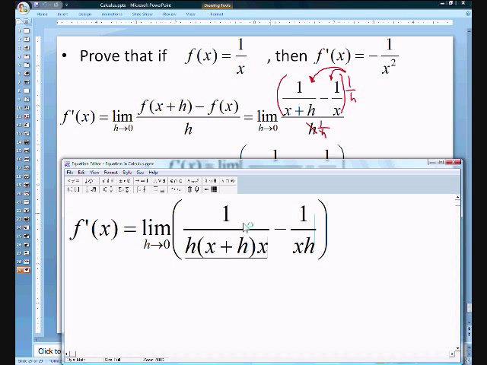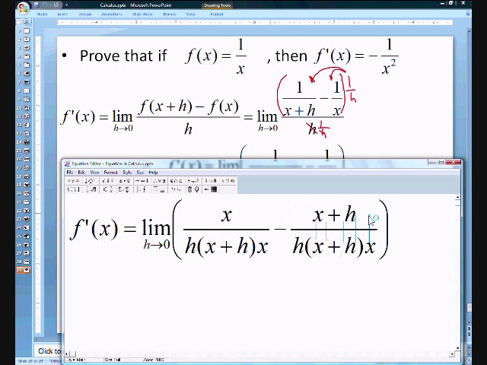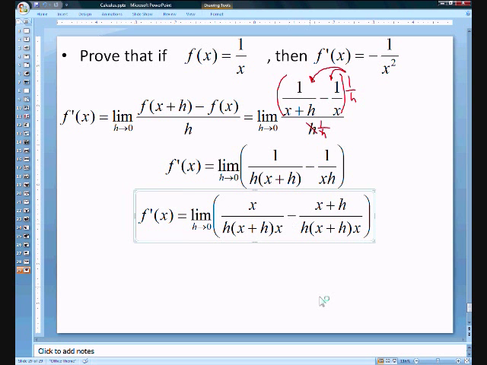So let's put an x here and multiply top and bottom by an x. What this side is missing over here is an x plus h. So it's missing an x plus h, and now I also have to have that, of course, in the numerator, x plus h. Then now we can actually combine them, right?